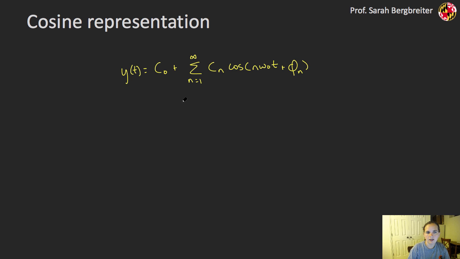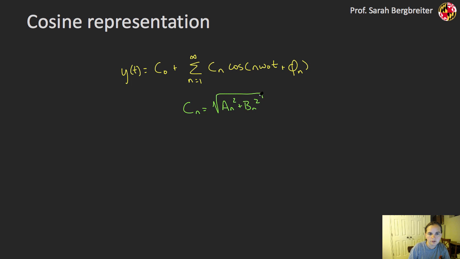well. And if I want to think of this amplitude coefficient Cn and the phase term in terms of the coefficients that I already know, I can define Cn as the square root of an squared plus bn squared.